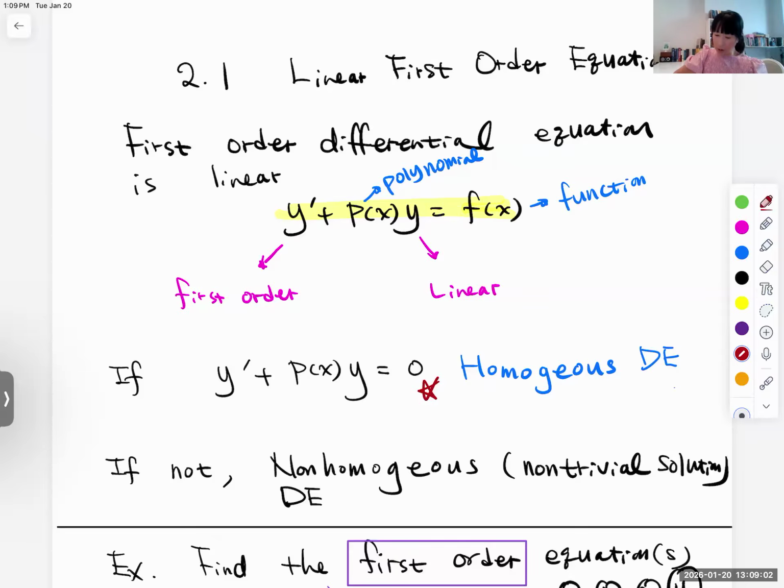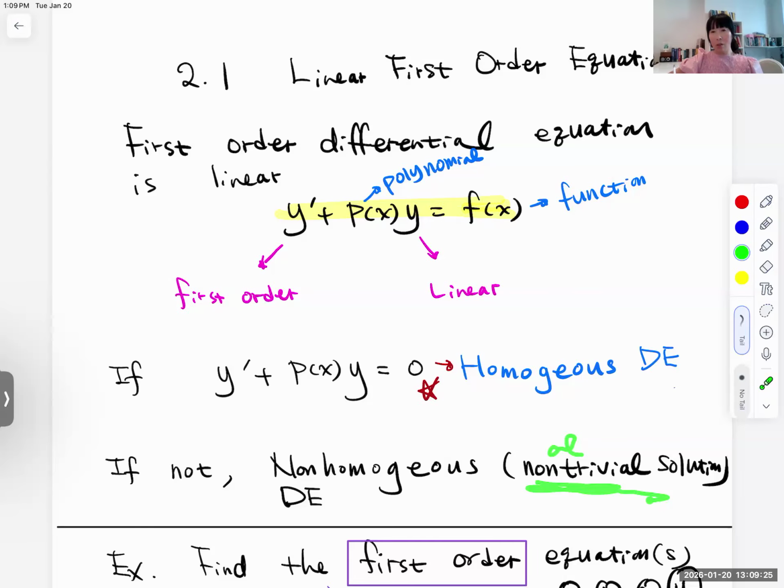If not zero, it can be any function, any variable or number, then it's a non-homogeneous equation.